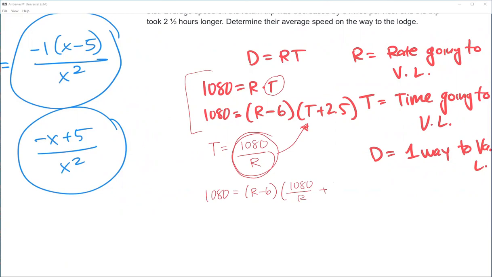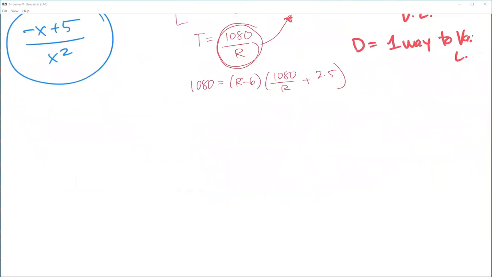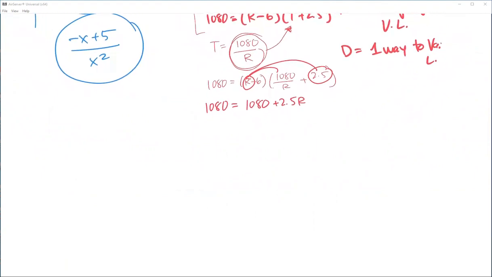And so what happens here is we FOIL. It'll be 1080 is equal to, the R's cancel out, so it'll just be 1080. R times 2.5 is plus 2.5 R. This is a minus 6, so minus 6 times this.